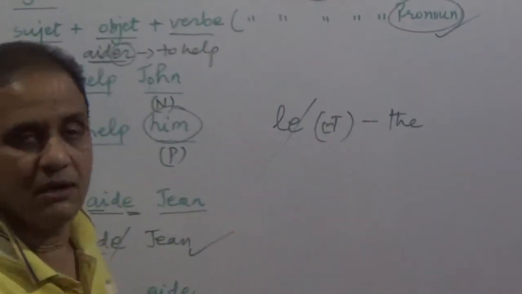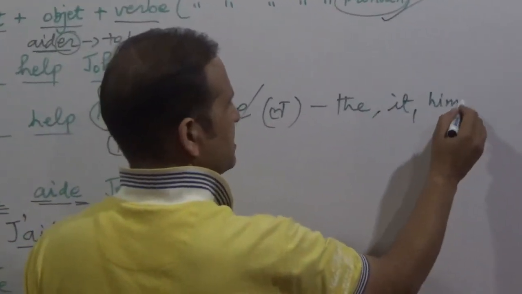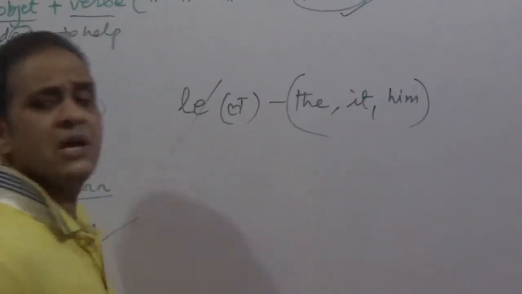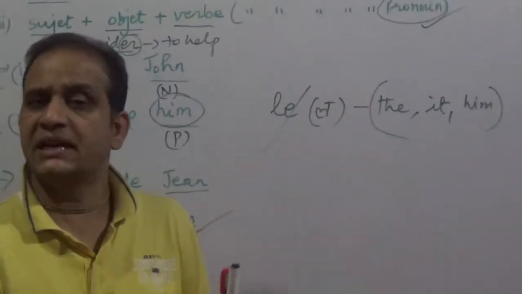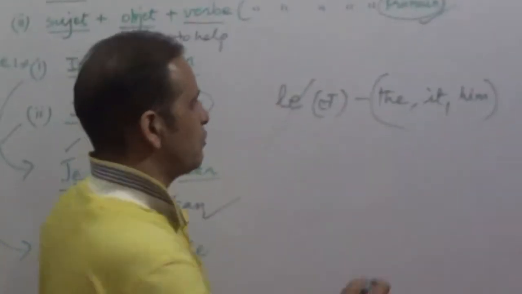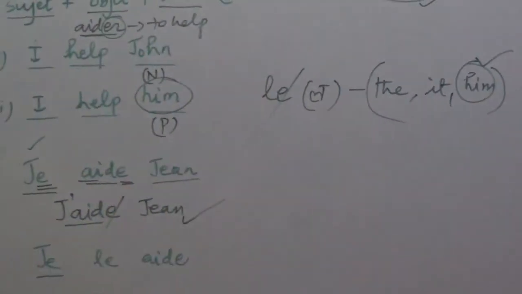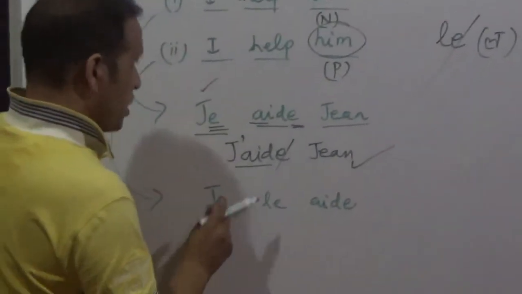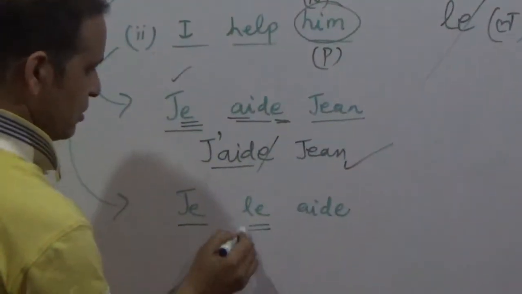One meaning is the, second meaning is it, and third meaning is him. So you can take whichever meaning you want out of these three at any point of time. Right now we want to take the meaning him, so it's okay. So je, that is the subject, and then the object is him, for which we will write le. So we have written le.